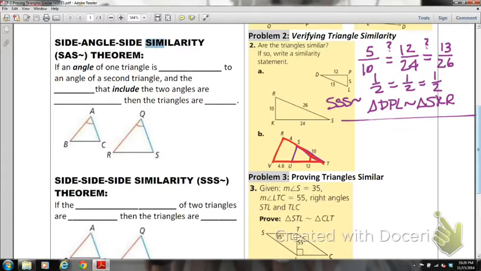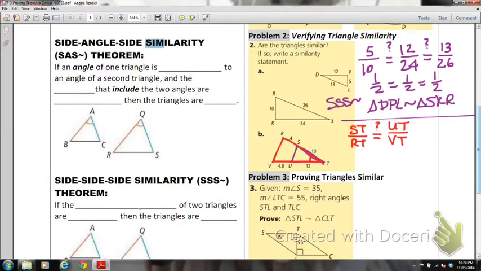So let's look at the sides that are on each side of that angle to see if they are proportional or not, and we might be able to use side angle side with this. So let's look at the sides. We have ST in the smaller triangle, and that corresponds to RT in the larger triangle. And we need to see, is that proportional? Is it equal to the UT in the smaller triangle over side VT in the larger triangle?